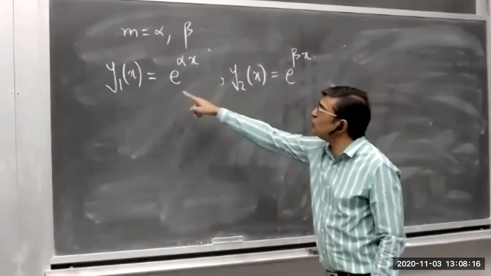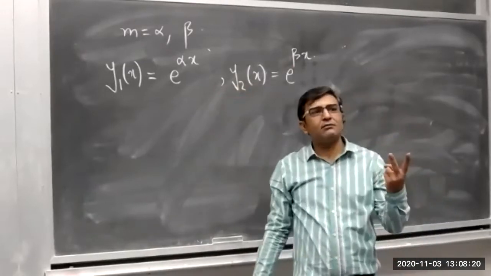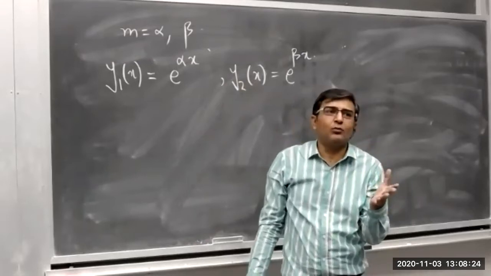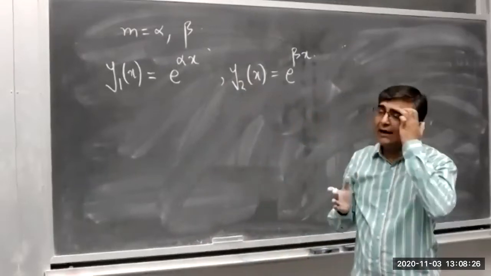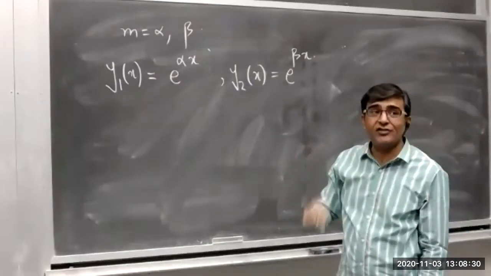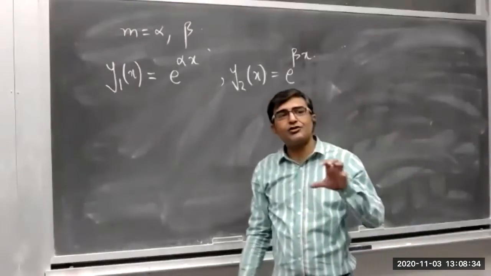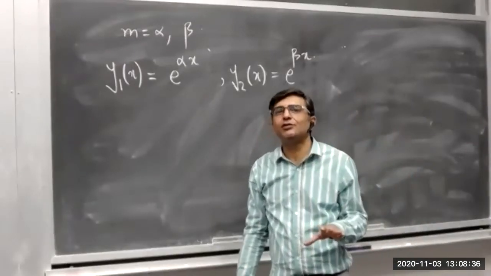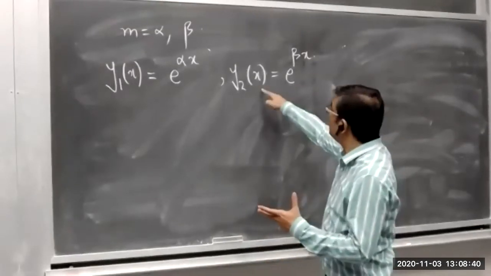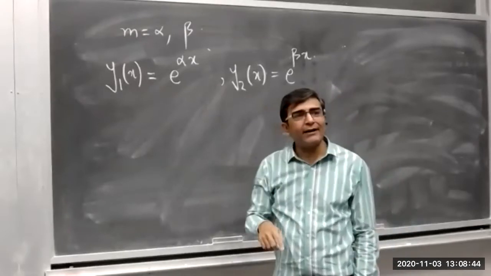Now, these are two solutions. So the equation is second order. We must have at most two linearly independent solutions of that second order differential equation in order to write the general solution. Now, if these are two solutions, they should form a fundamental set of solutions. For that, we have to prove that y1 and y2 are linearly independent.